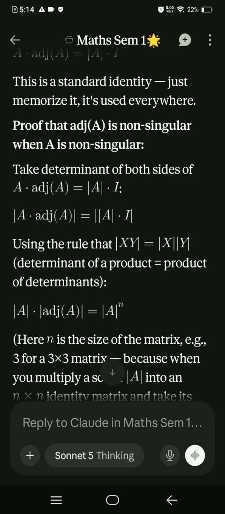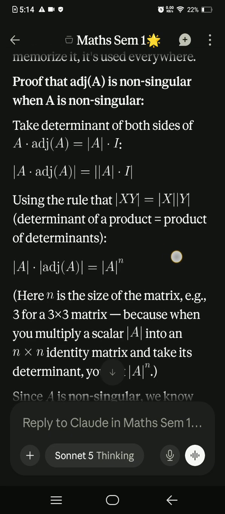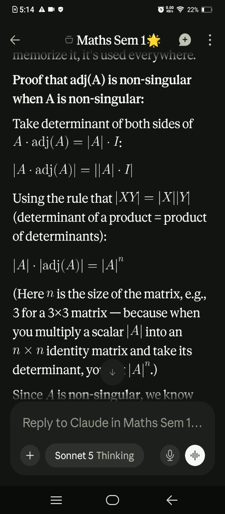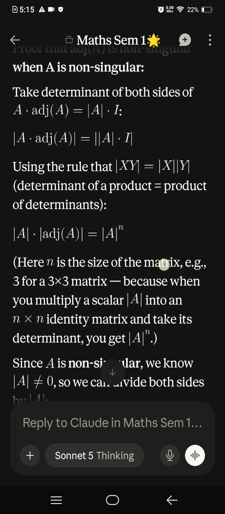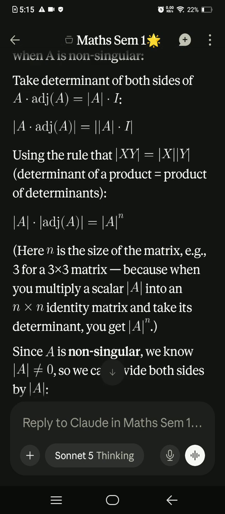Then by using the rule that the determinant of a product equals the product of determinants, this transforms into this: the determinant of A times the determinant of the adjoint of A equals the determinant of A raised to the power n. Here n is the size of the matrix.